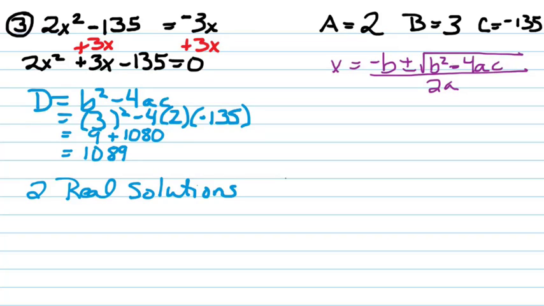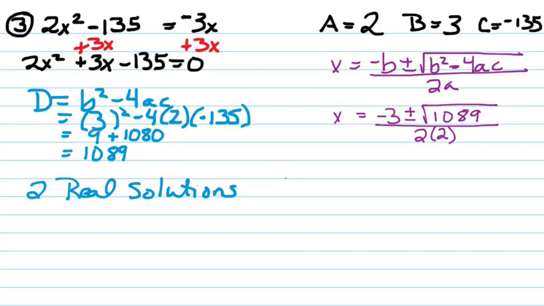And so in this case, the opposite b is going to be a negative 3 plus or minus the square root of 1089 all divided by 2 times 2.